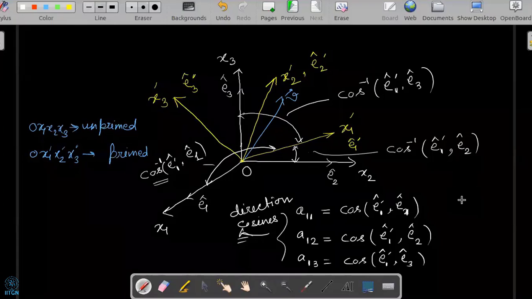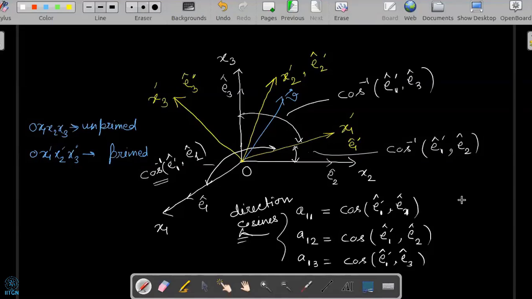After this, we will also see how to get a component of a tensor, because when we write Tij, it is with respect to some coordinate system, and the values T11, T12, T13 and so on depend on this coordinate system.